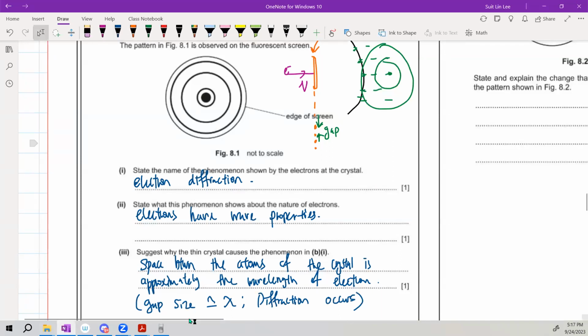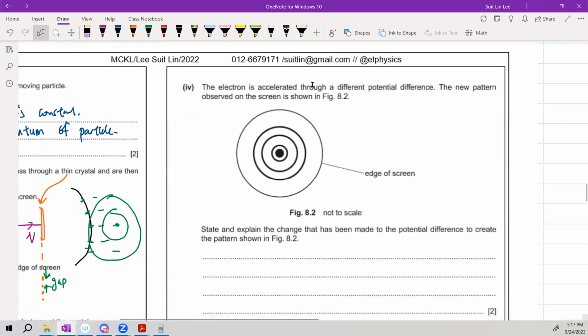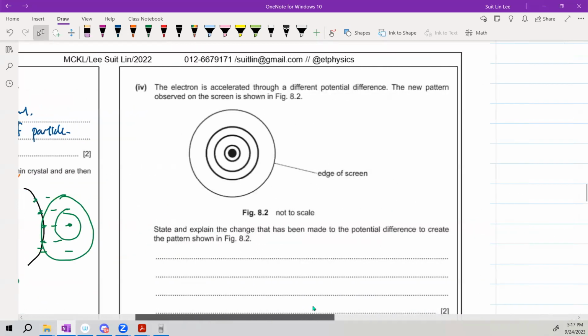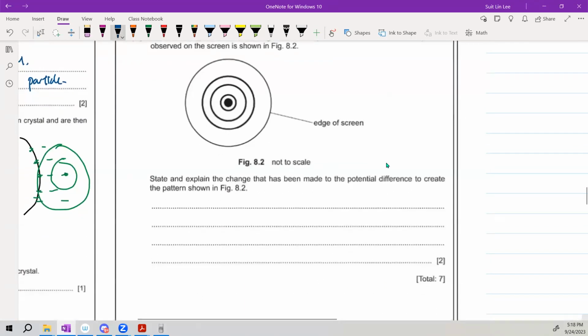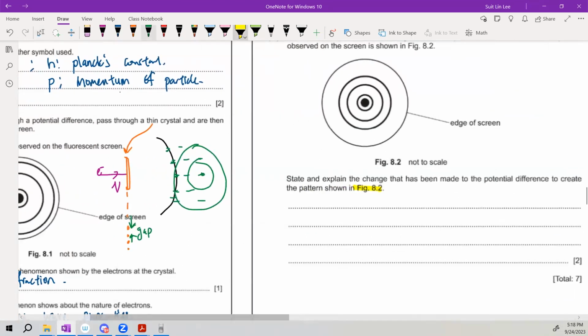Okay, moving on. The electron is accelerated through a different potential. Now we have a new pattern. It looks like the rings are closer, tighter. State and explain the changes that have been made to the potential difference to create the pattern shown in figure 8.2. Let me pull up this picture and point out the bright dots at the corner.